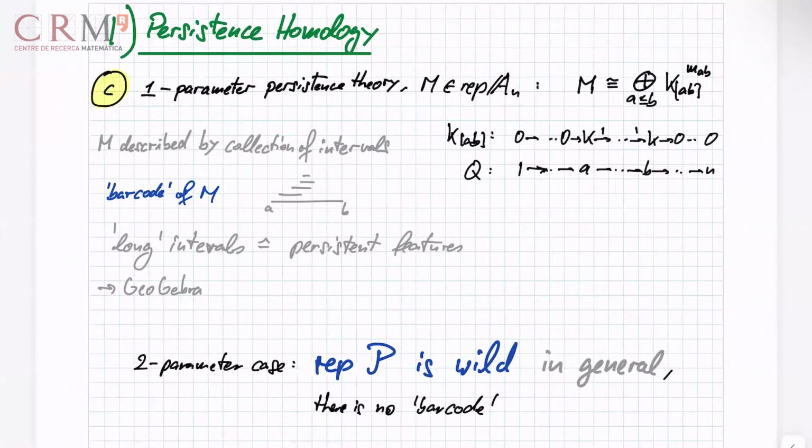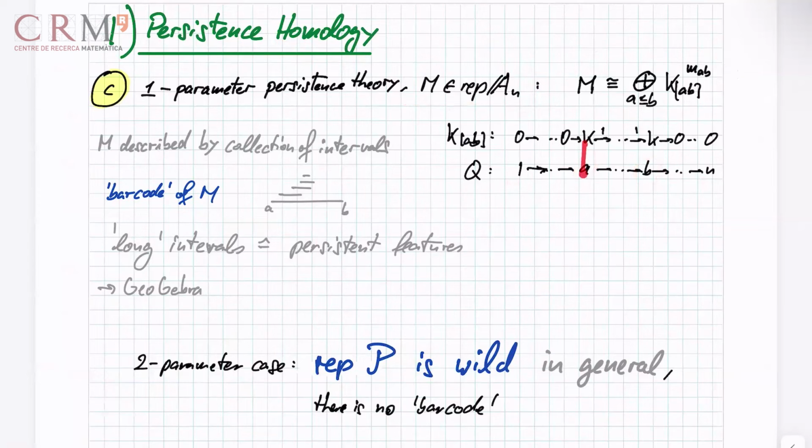So, a final remark for the one parameter persistence theory: we have a representation of this quiver of type A_n. Now I tell you, those representations are well known. They decompose uniquely into a set of indecomposable representations that we know very well. Every indecomposable representation of a quiver of type A_n is given by an interval, I mean by two values a and b between 1 and n.